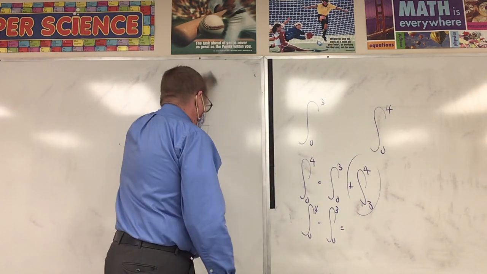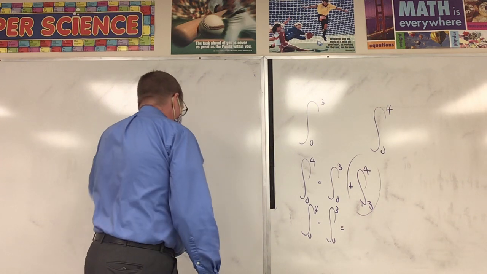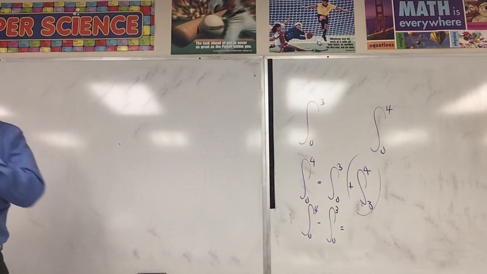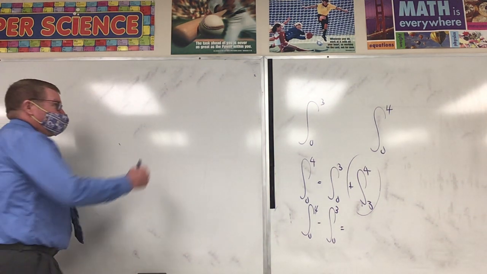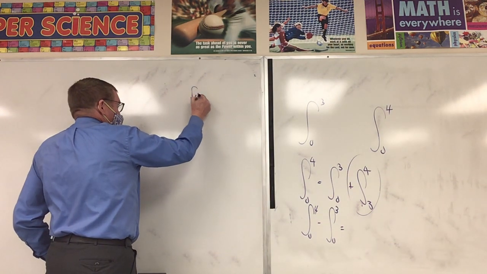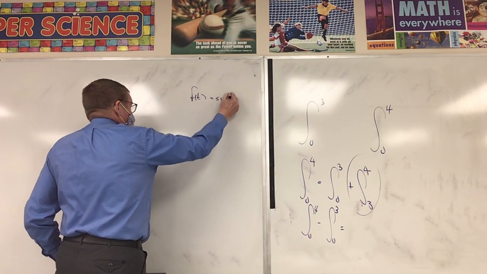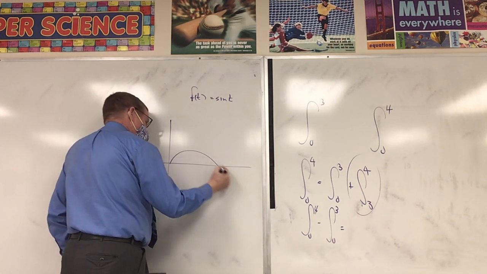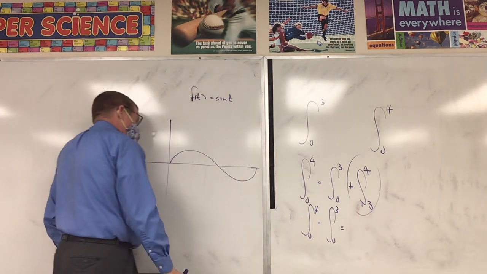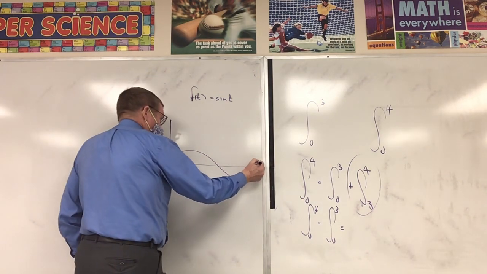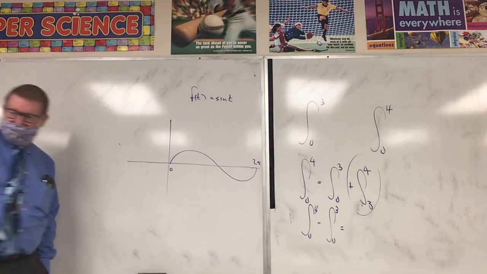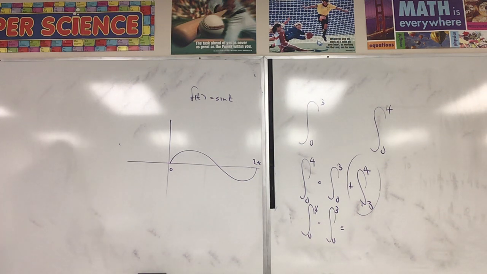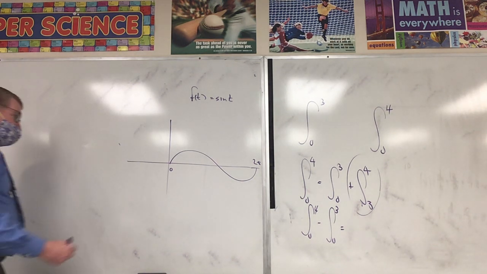Look at the next one. f of t equals sine t, going from 0 to 2 pi. What is my area?